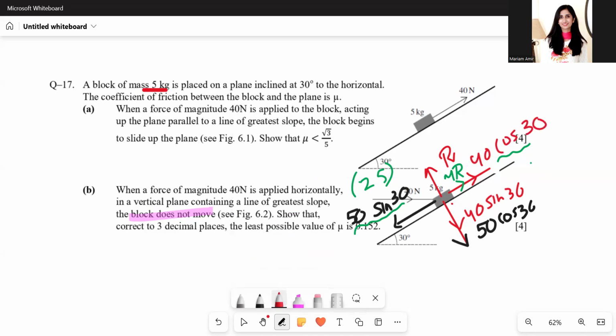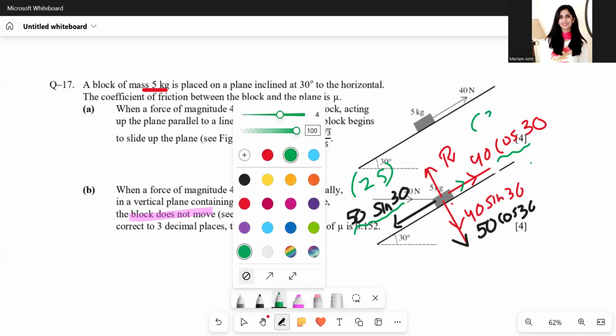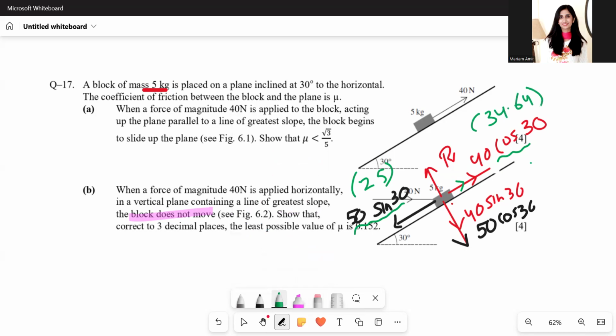So that would be 40 times cos 30, which is 34.64. Okay, which means that friction should be in this direction if the object is at rest, because 25 is less than 34.64, so friction is definitely in this direction, so that these two forces together balance out this force and the object stays at rest.